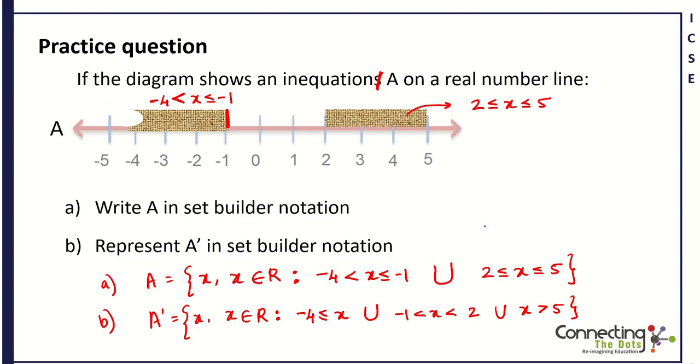And there is one mistake here. x should be less than or equal to -4, and that makes it this part of the number line. This part of the number line consists of all values of x which are less than or equal to -4. So that was the mistake I made, which is now corrected.